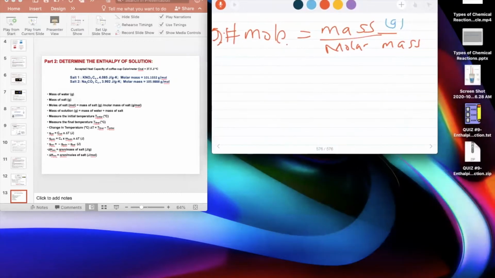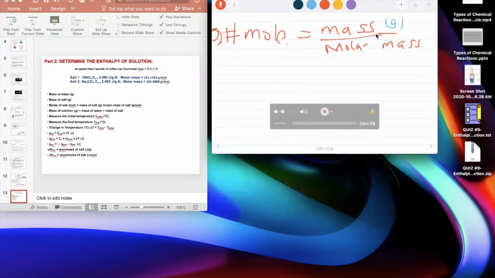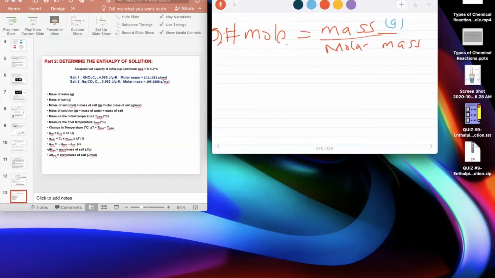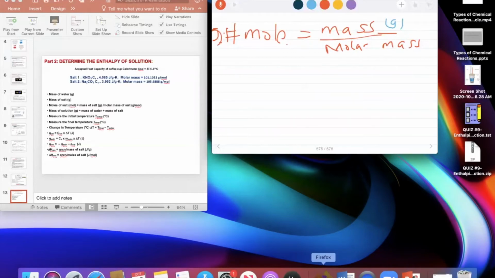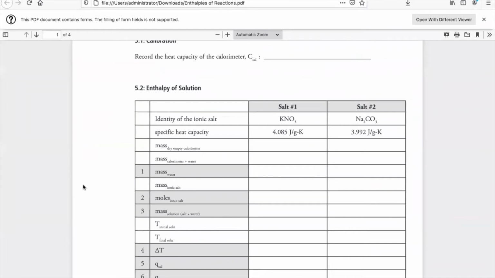This is the mass of line 2 on the data sheet. You'll have to take the mass of the ionic salt over the molar mass. That will give you the number of moles of the ionic salt. Now, once you find the number of moles for line 2, mass of the solution.